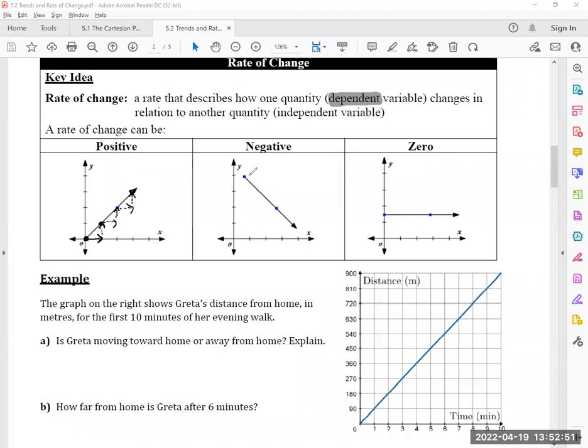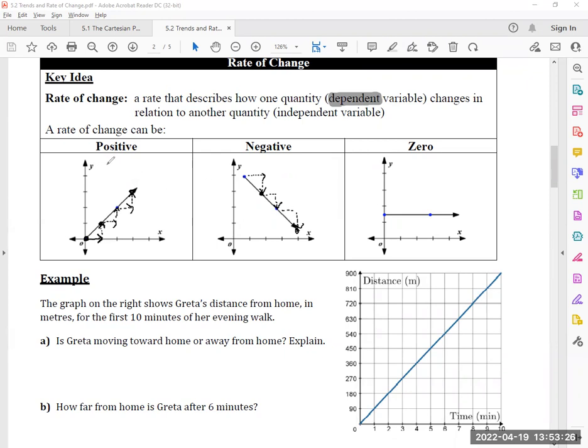If I move my x to the right, if I move 1, what happened to the y? It went down. If I moved it once, the y went down. If I moved it again, my y is going down. And so the y value is decreasing, and so negative rate of change.